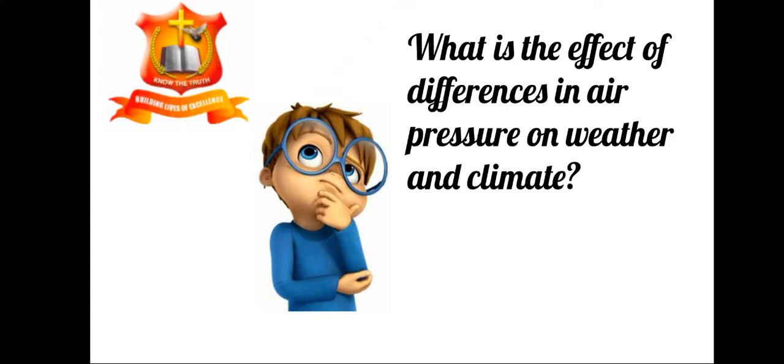This movement is wind, and the strength of wind will depend on the difference of pressure systems. If the difference is less, light breeze will blow. If the difference is more, strong wind will blow.